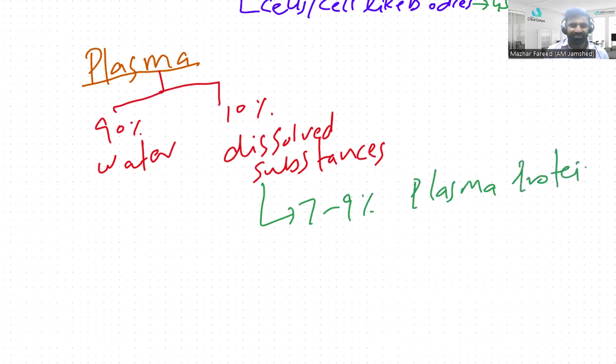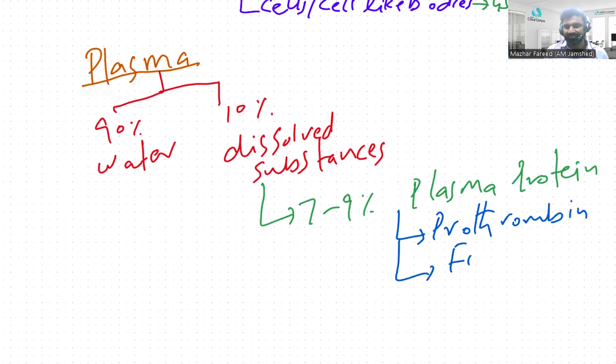And we see the plasma proteins; there are different types of plasma protein, like prothrombin, fibrinogen, and immunoglobulins, that are also known as antibodies.